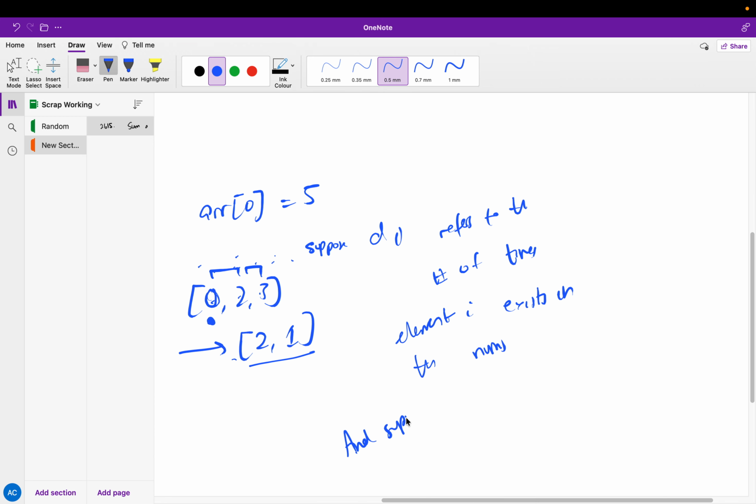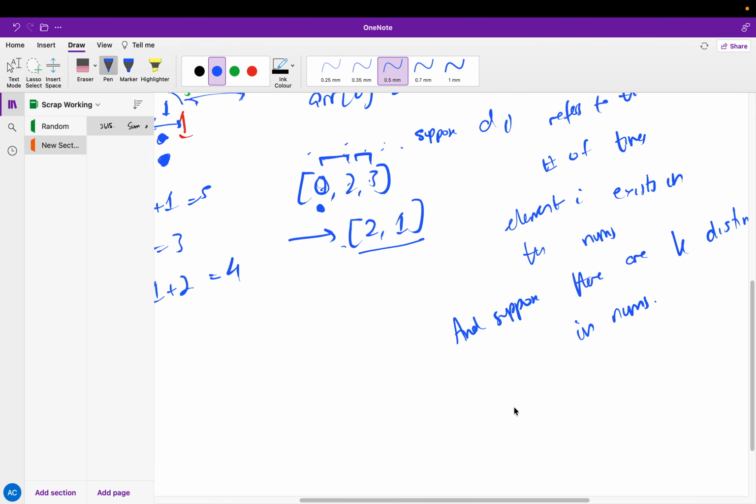And suppose there are k different, or distinct, elements in nums.